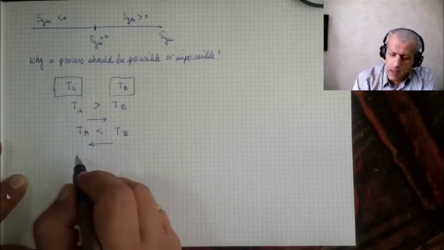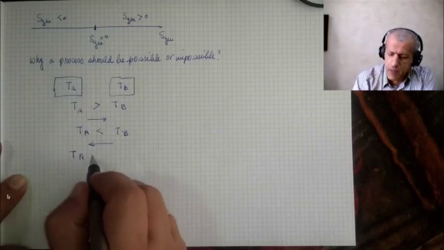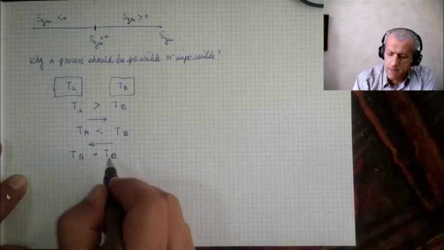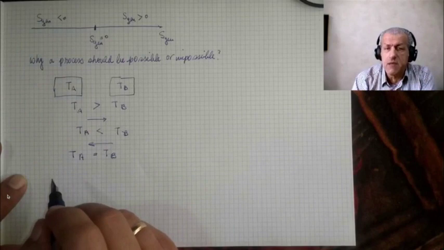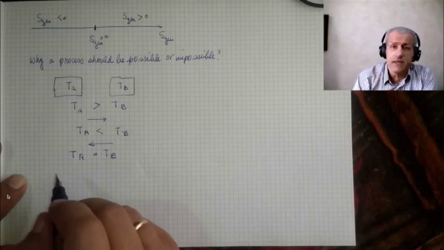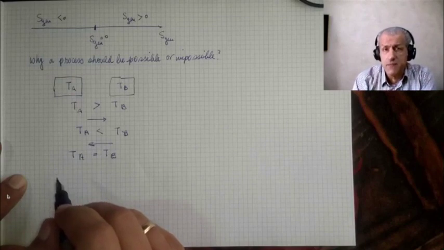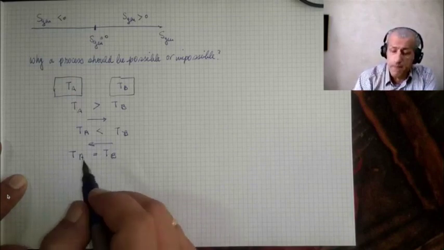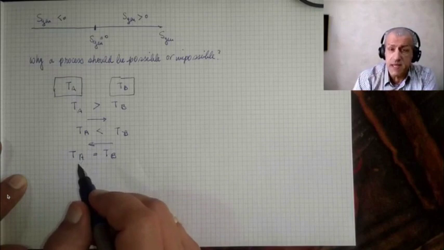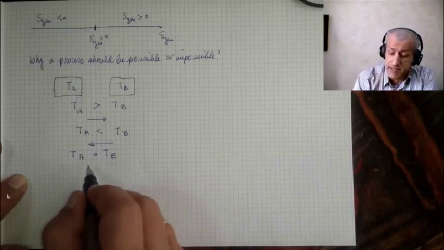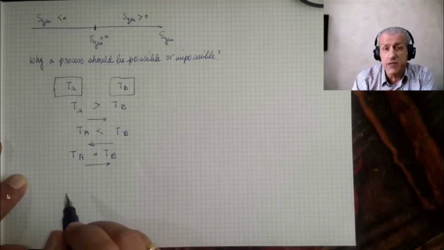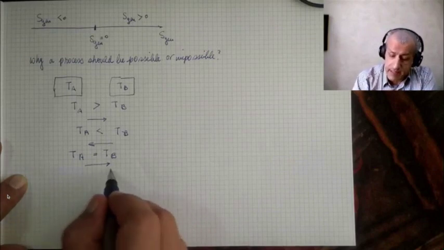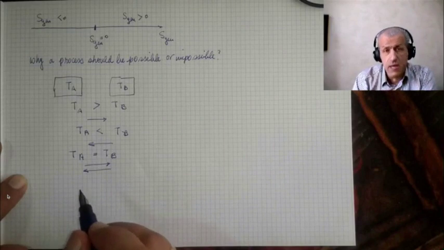Now, if Ta equals Tb, what does that mean? That means, first of all, and in reality, that there is no heat transfer. Or it means that there is as much incentive for a heat transfer from Ta to Tb as there is from Tb to Ta.